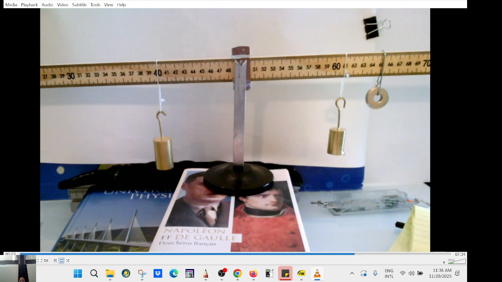So in that case, you will have M1 D1 plus M2 D2.